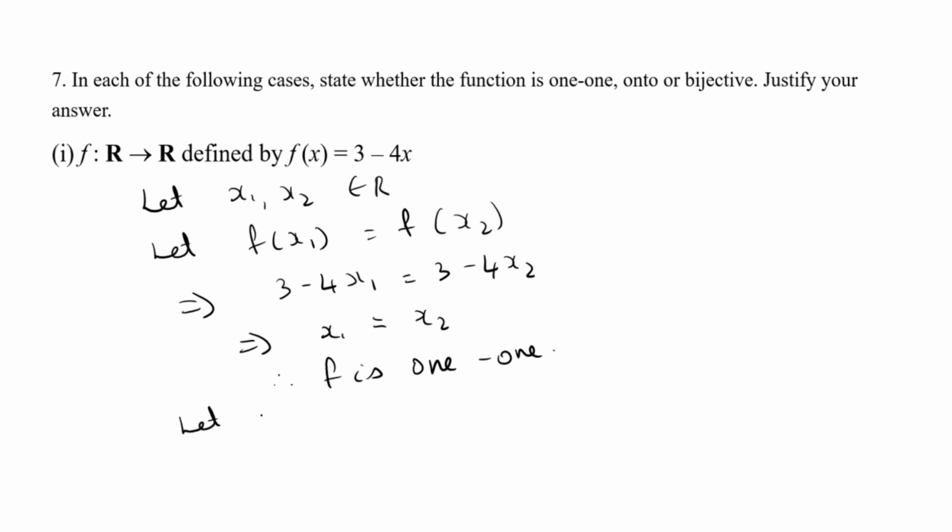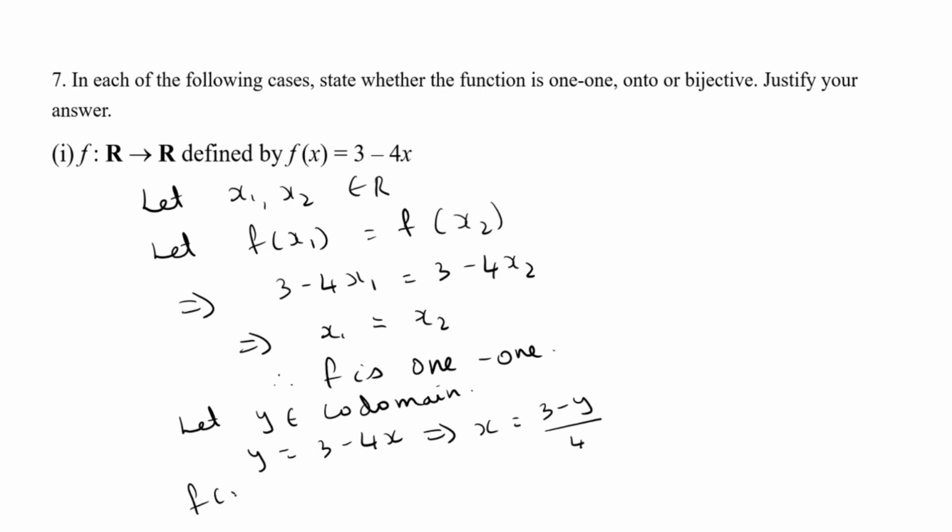Let y belong to the codomain. So y = 3 - 4x. From this we get x = (3 - y)/4. So f(x) = 3 - 4 × (3 - y)/4.